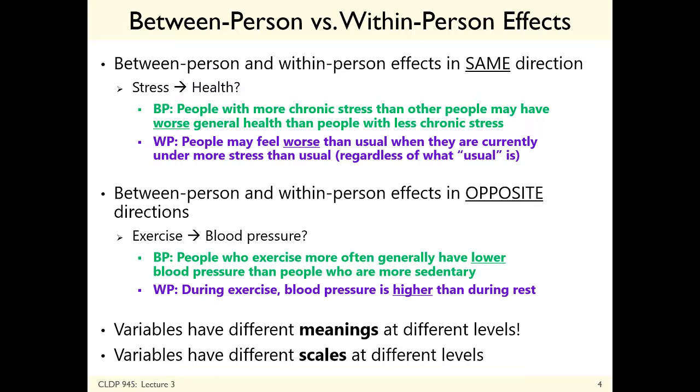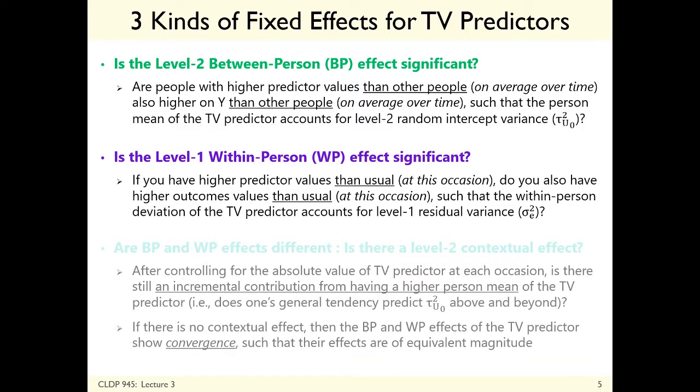Okay, with me? All right, so there are three kinds of effects that people talk about trying to obtain when you have these time-varying predictors. The first two are what we've talked about. To be more concrete, if I use x as a generic term for any predictor, the idea is: do people with greater values of x than other people have different values of y than other people? If that is true, that between-person relationship should explain random intercept variance.